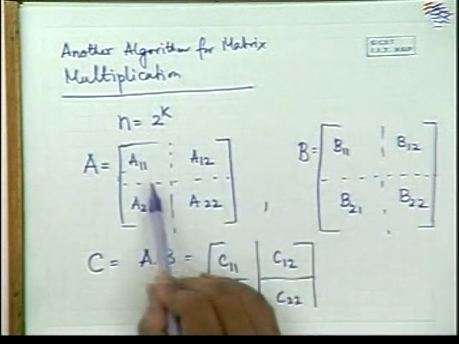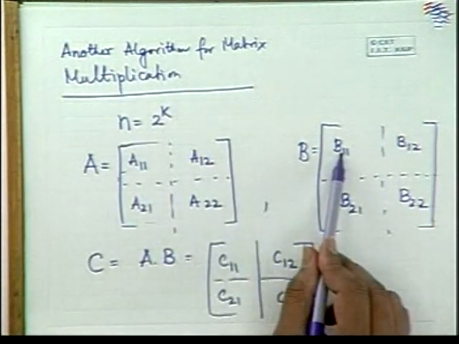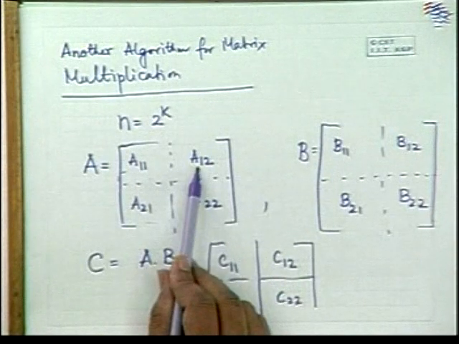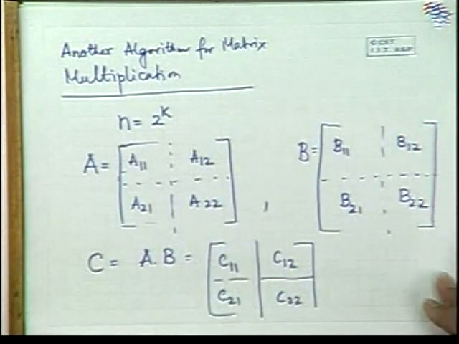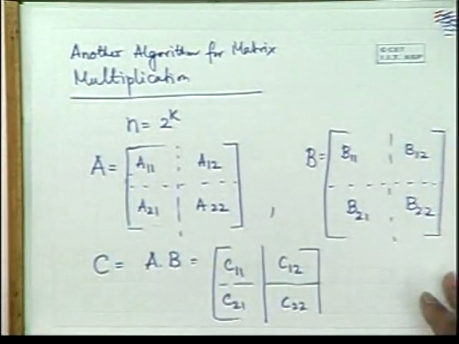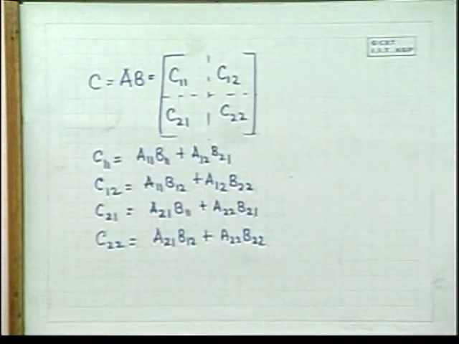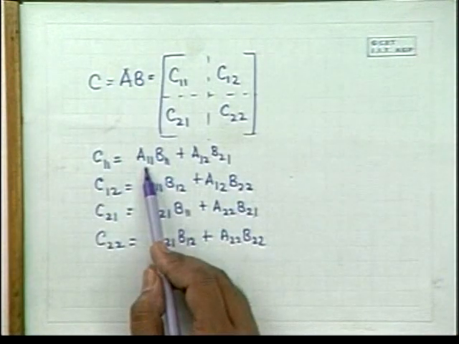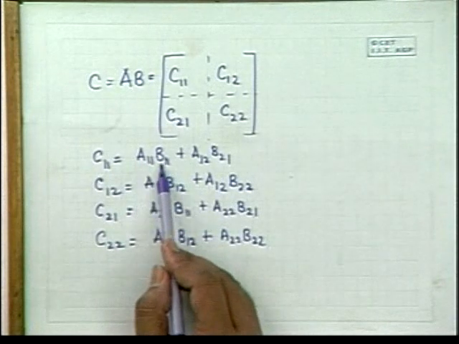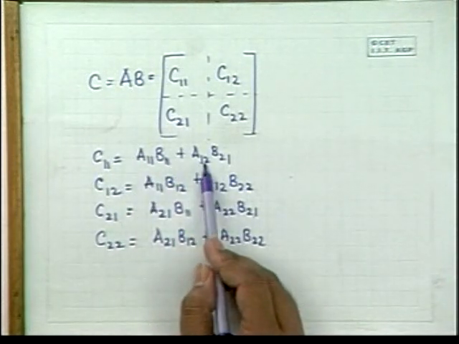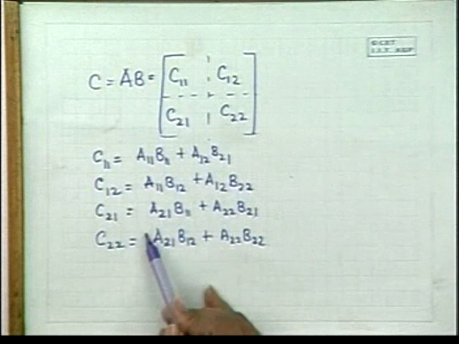So if you multiply that way, then it is A11 B11 plus A12 B21. Exactly that is here. C11 is A11 times B11 plus A12 times B21. Similarly, all the others.